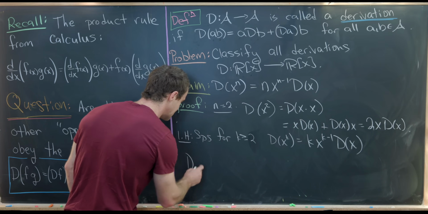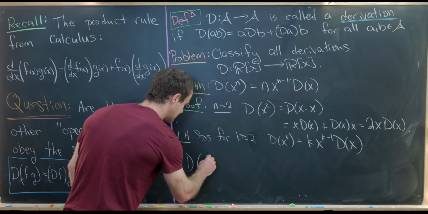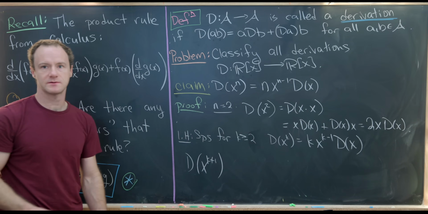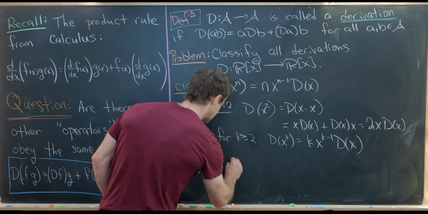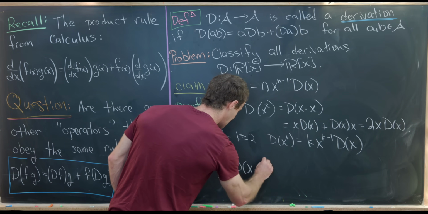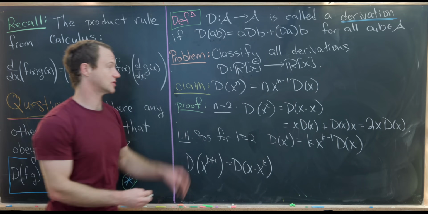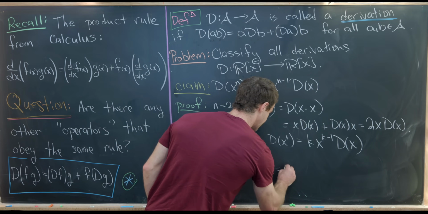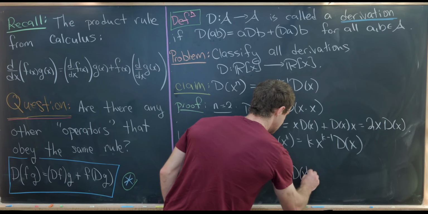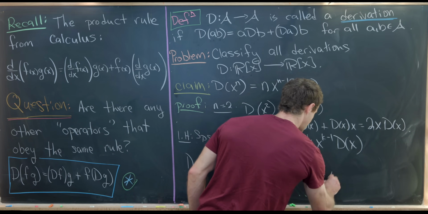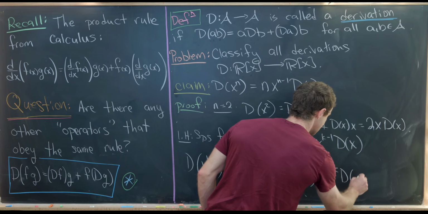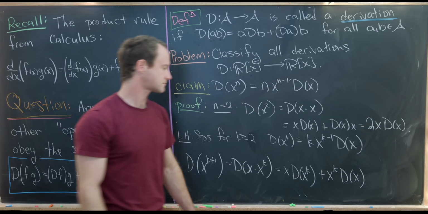So that's going to be d evaluated at x to the k plus 1. So we can write that as d evaluated at x times x to the k. Apply our derivation rule. So that's going to give us x times d evaluated at x to the k plus x to the k times d evaluated at x.